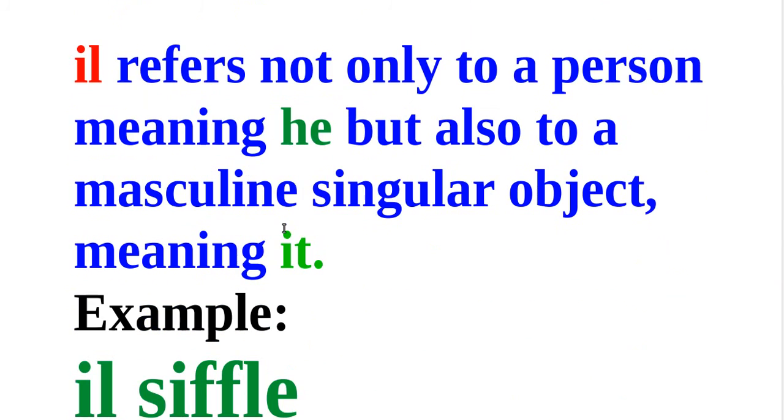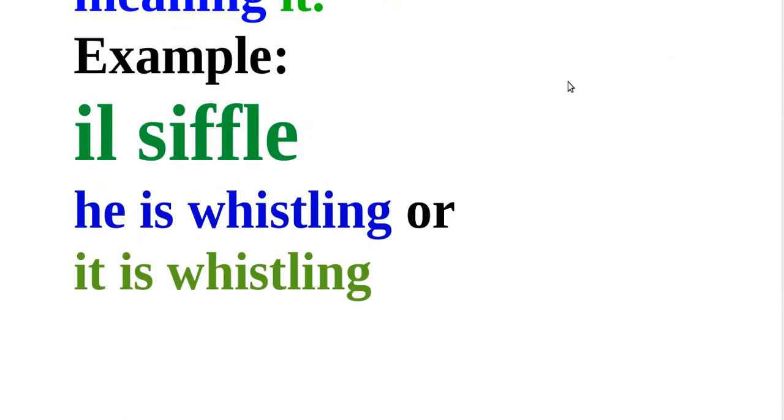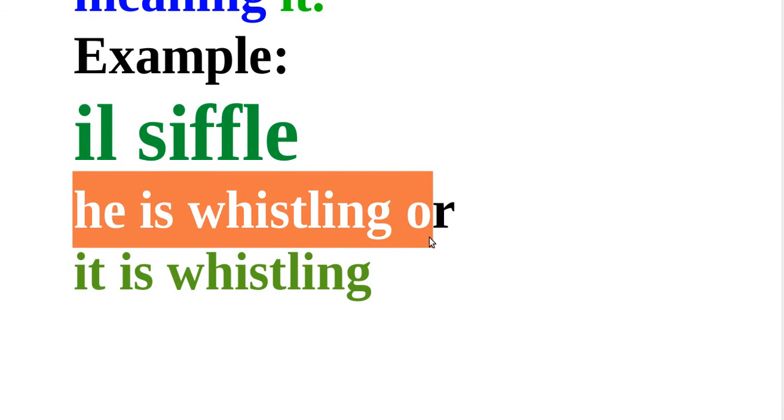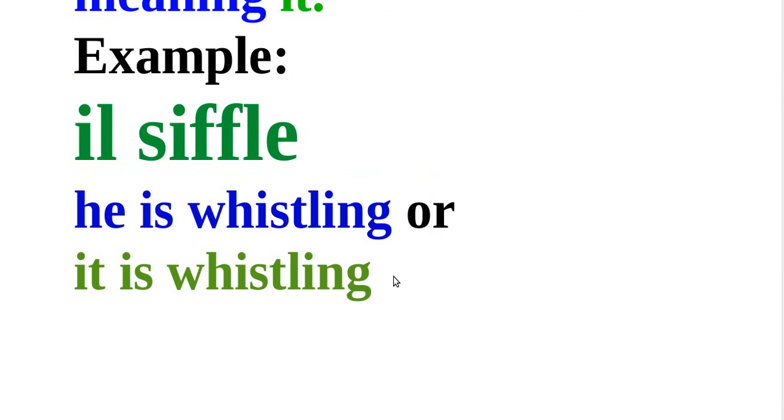Next is il. Il refers to not only a person but also to a thing. For example, you can say il siffle. It can either mean he is whistling or it is whistling.